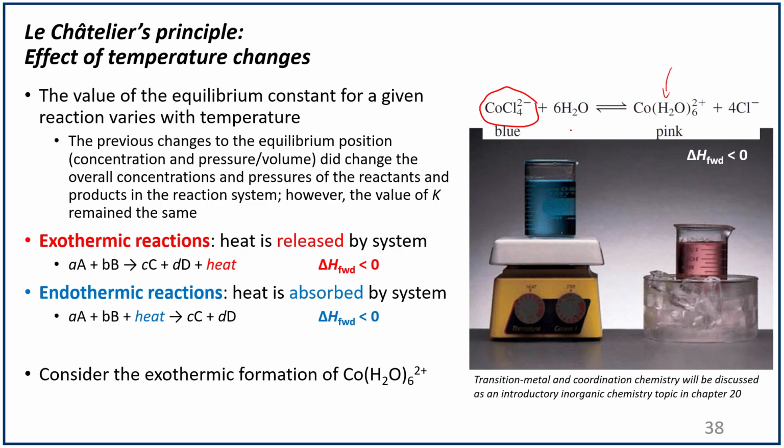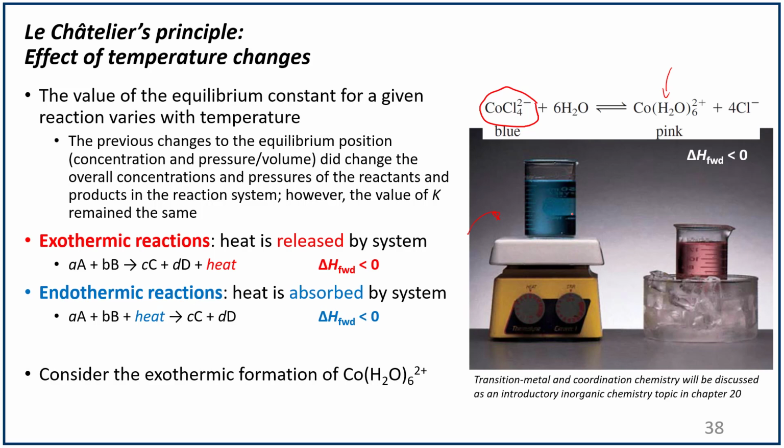That's an indication that the reaction proceeded. This system is in equilibrium, but at higher temperatures, when you heat the system, you can see here that cobalt tetrachloride, or this blue cobalt complex, predominates. So the color of the solution is blue.